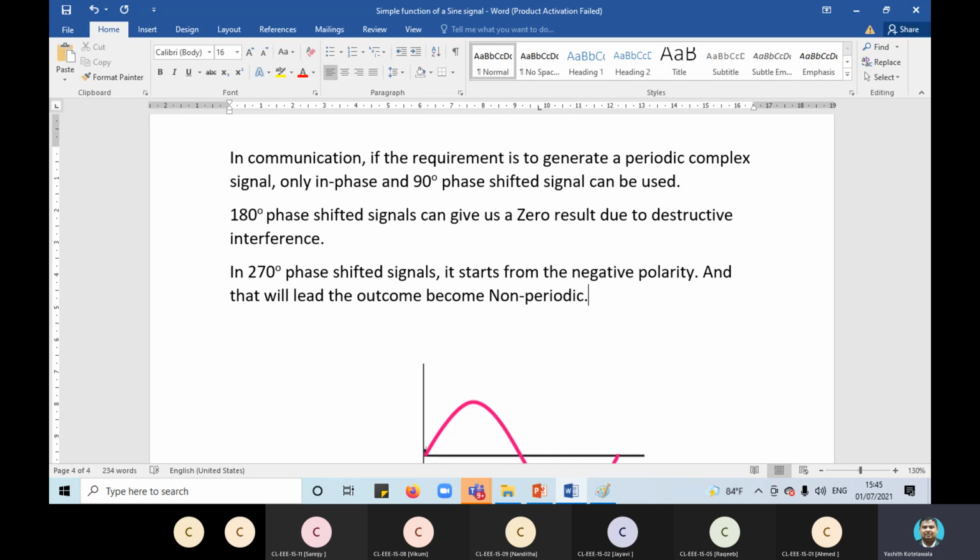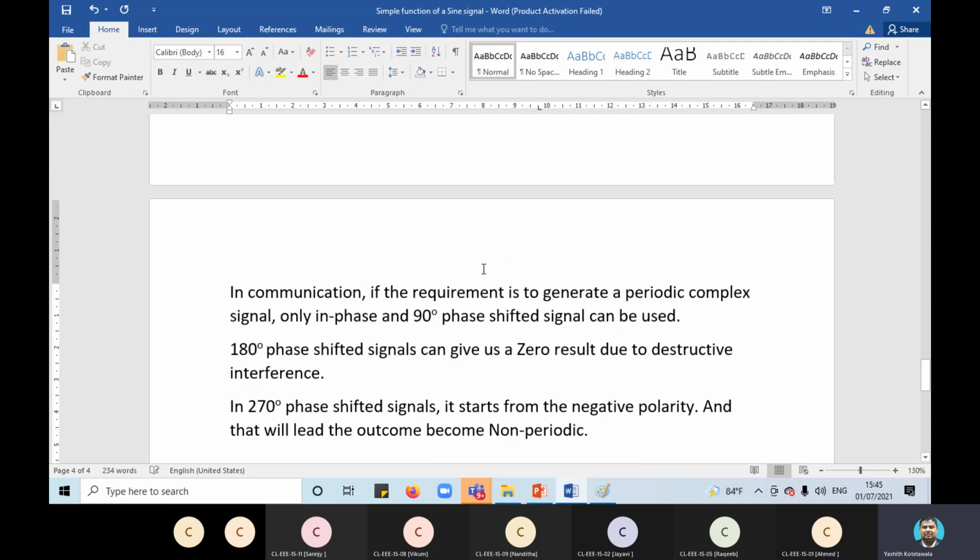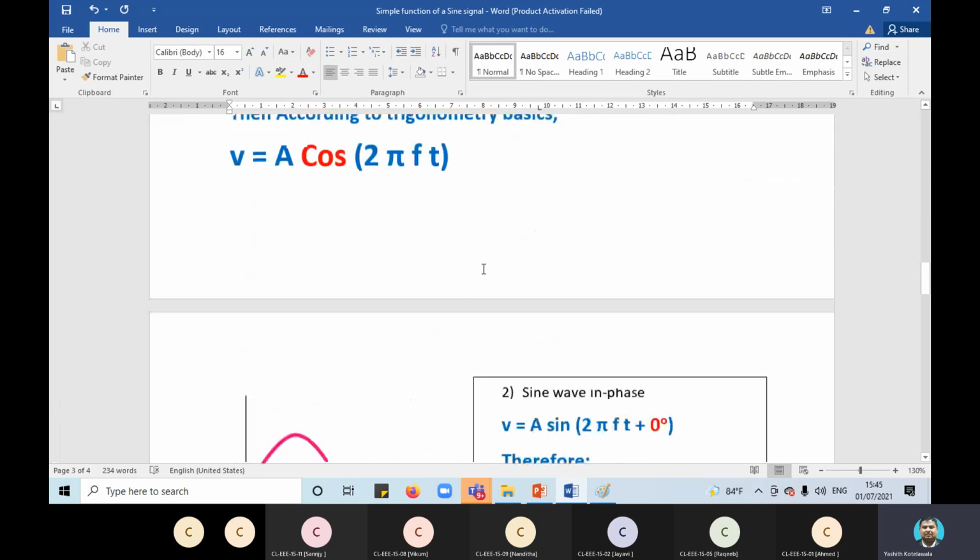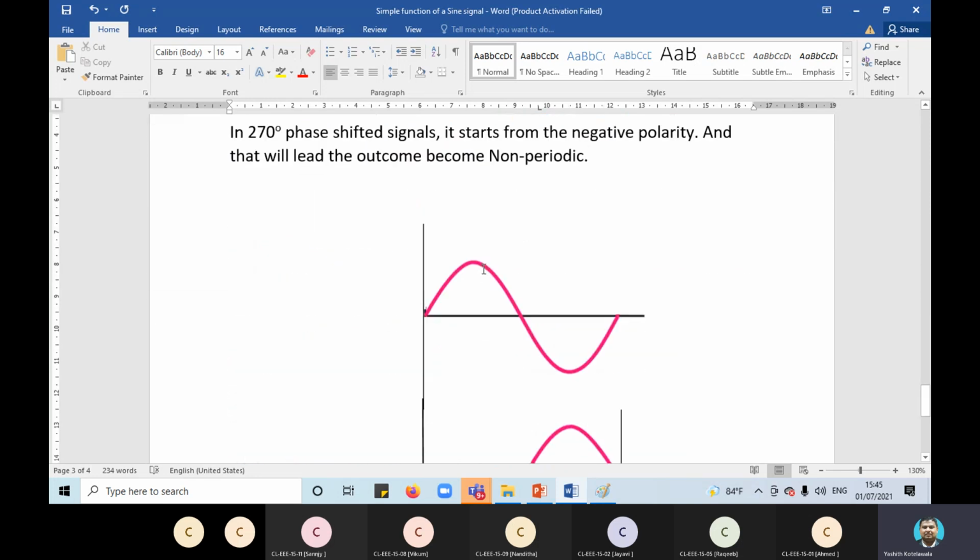Become non-periodic, right? So due to these reasons, we are not going to use 180 and 270 degrees phase shifted signals when we are mixing in the case of generating composite signals, right? So you have to make sure of that.